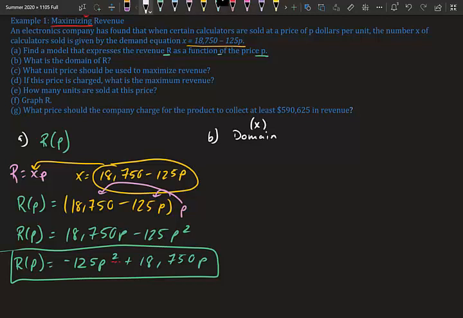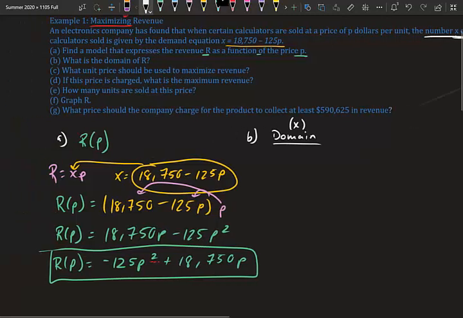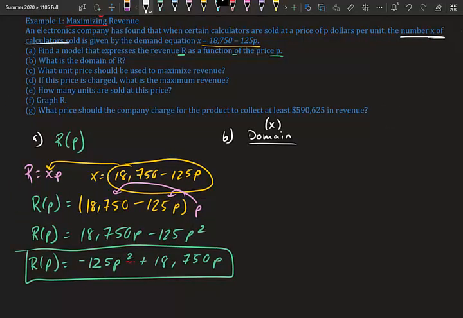So X in this example stands for number of calculators sold. So calculators sold, that's X.